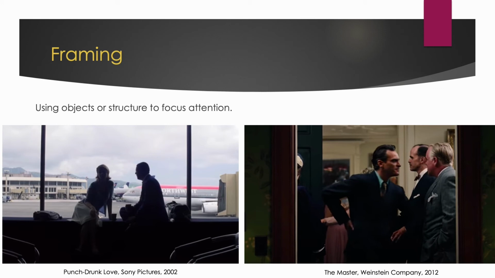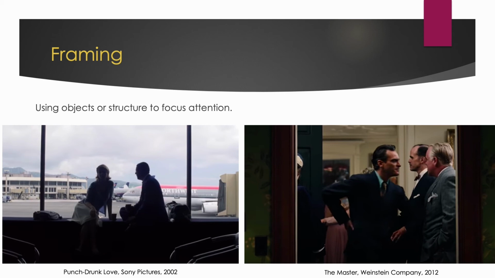The image on the right is from The Master, and a doorway is being used to focus our attention on what looks to be a little bit of a contentious interaction between Joaquin Phoenix and Philip Seymour Hoffman.